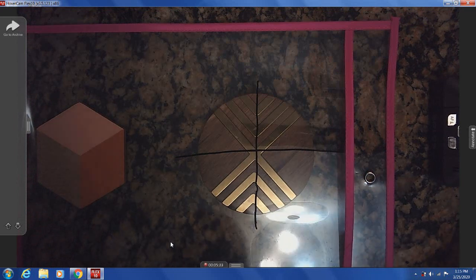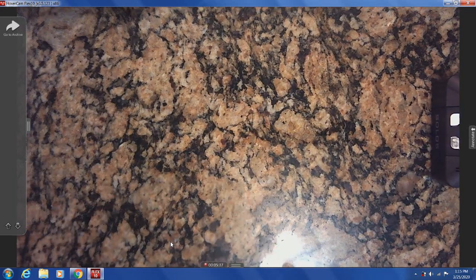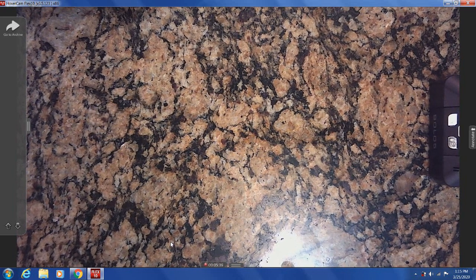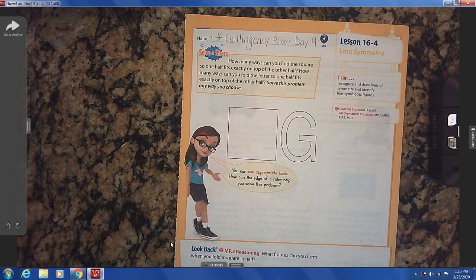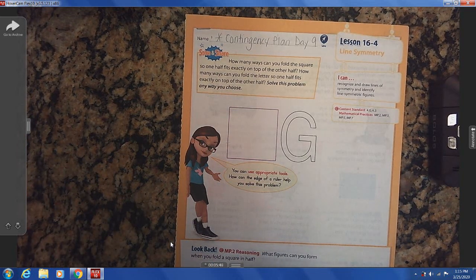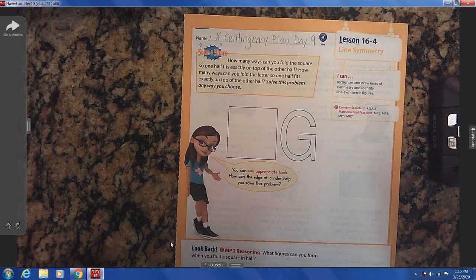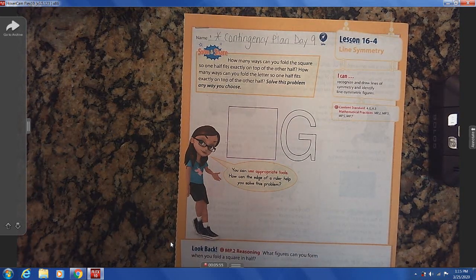So something fun that you can do would be to look for lines of symmetry in different items in your own home. That's a good way to practice with it. Okay, so for our solving chair, how many ways can you fold the square so 1/2 fits exactly on top of the other half? How many ways can you fold the letter so 1/2 fits exactly on top of the other half?